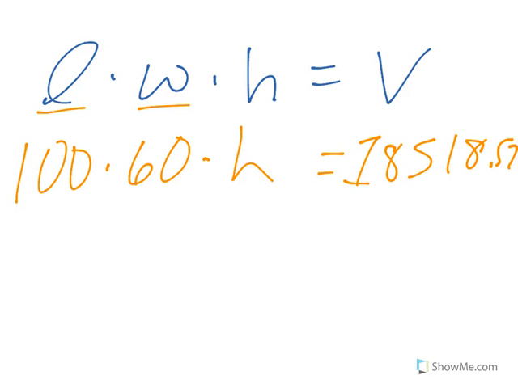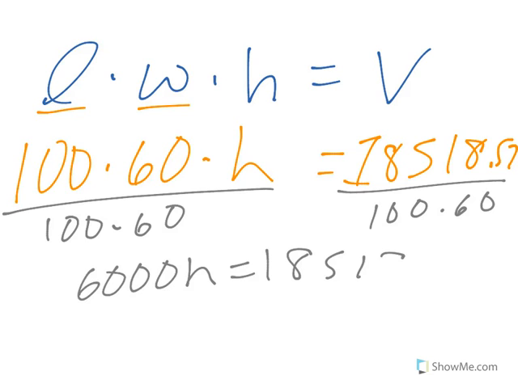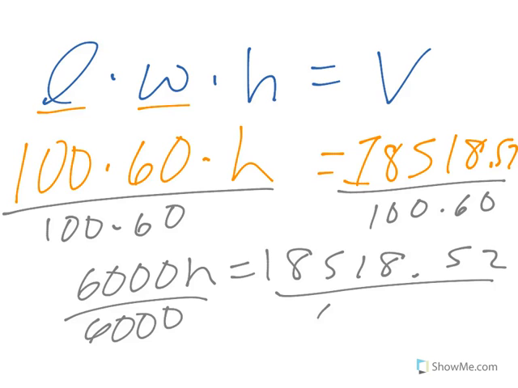So I have 100 times 60 times h. Well, the opposite of multiplication is division. So I divide by 100 times 60. And it might be better to put these together, right? So you could say you had 6,000 h equals the 18,518.52. Divide both sides by 6,000, same concept.